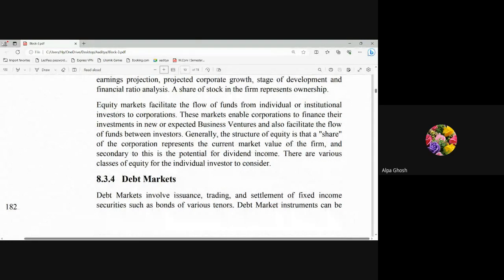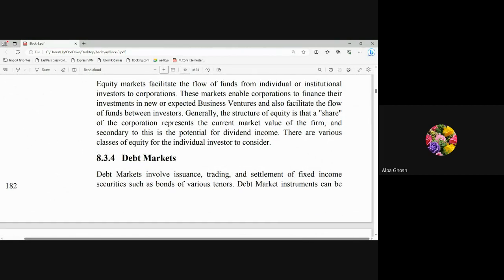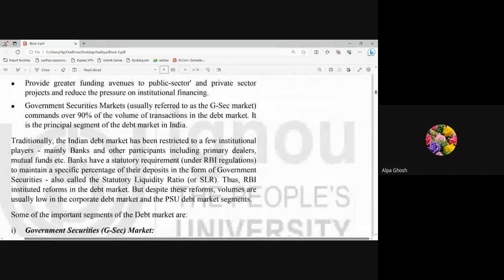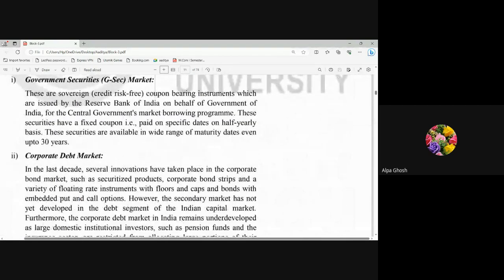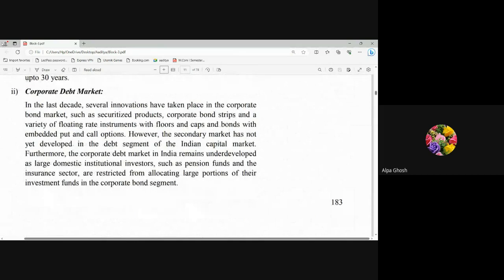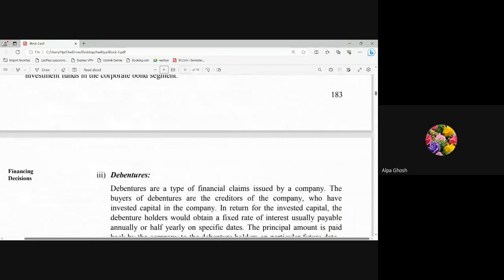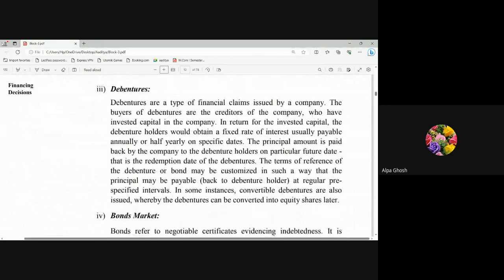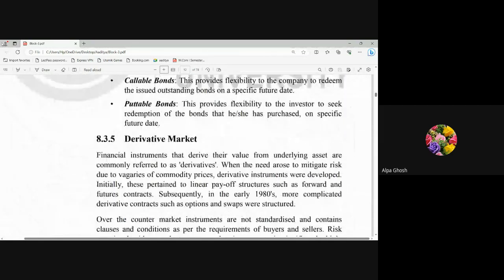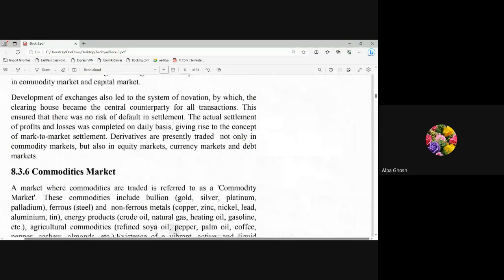Debt market is a market for debt instruments like debentures, bonds. Government securities market, the government shares are available. Corporate debt market, it is a market where corporate debts are available. Corporate financial instruments, debentures market, bonds market. Each type of investment has its own market.